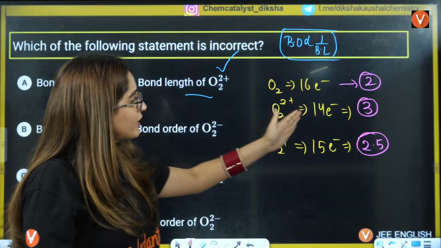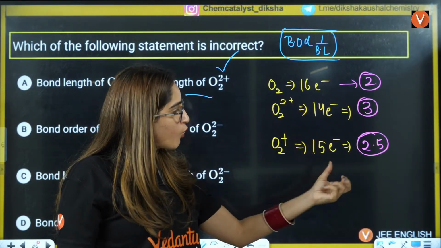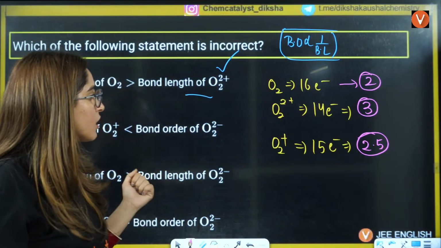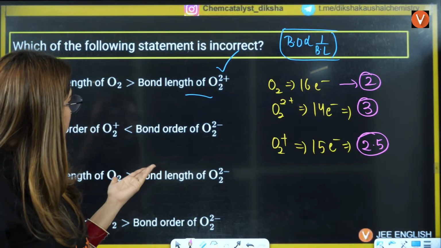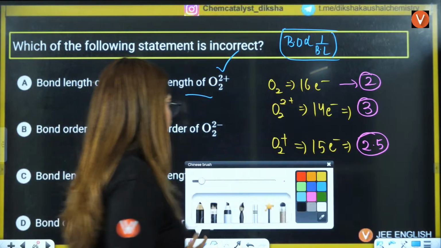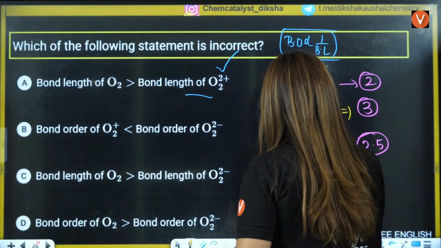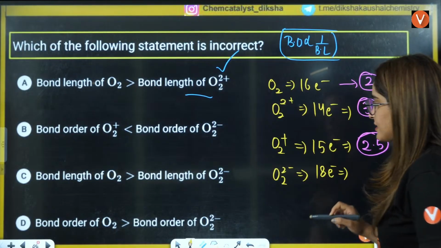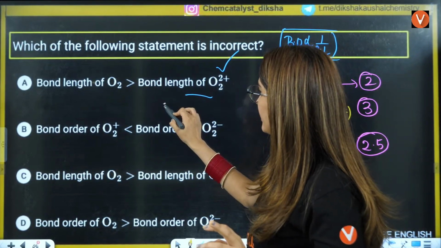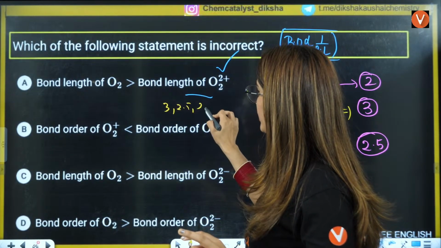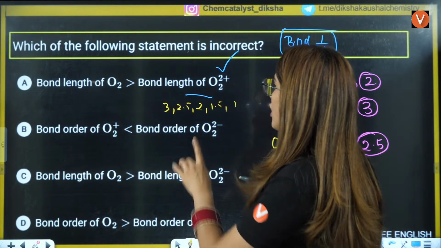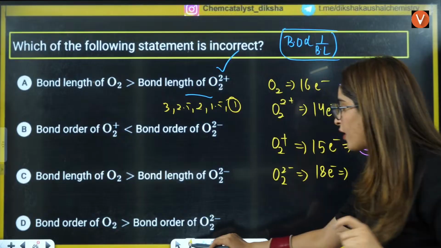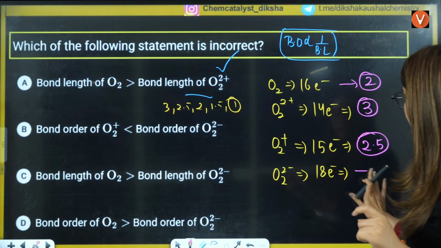So if 14 is 3, for 15, as you add the electrons, it will be 2.5. Now again, we have to compare with O2-. So this is 16, 17, 18. If 14 is 3, then 15 is 2.5, then 2, then 1.5, then 1. 14, 15, 16, 17, 18. So for 18, you will have 1.